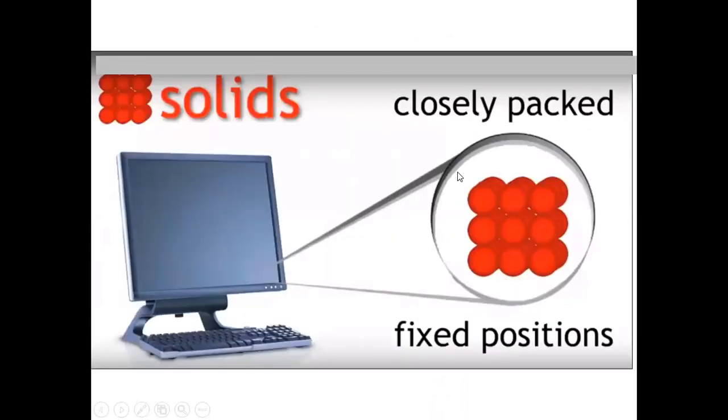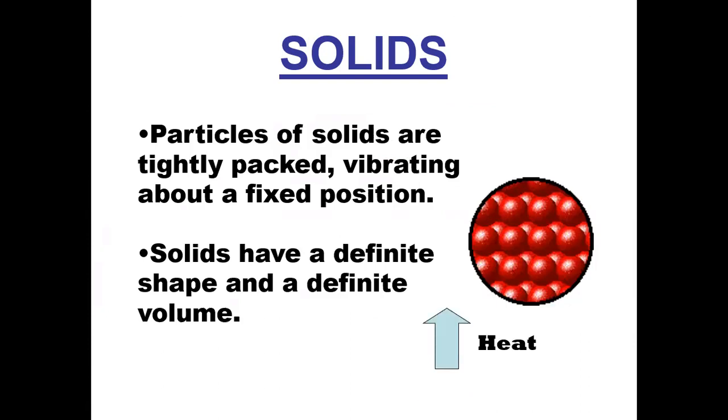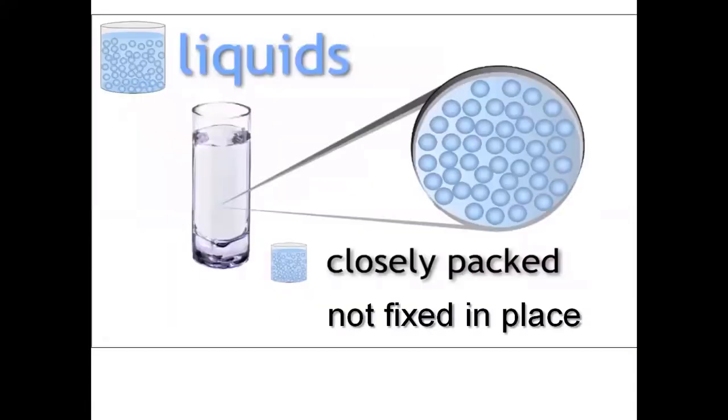These are solid particles, but here, these are liquid particles. Liquid particles do not have a fixed shape, but they have a fixed volume. There are distances between the particles, but not very far apart.